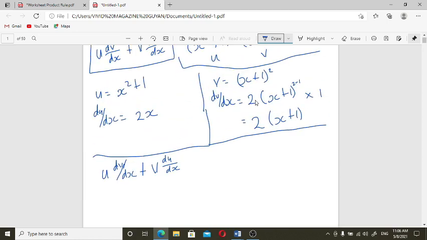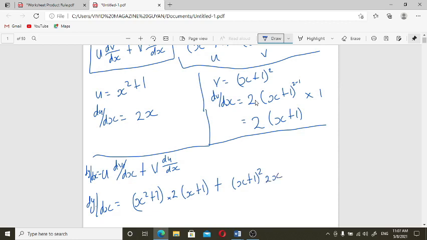So my dy dx, well, you should know this by now, everything is most likely going to be dy dx for derivatives. But anyways, moving on. u is x squared plus 1 and dv dx is 2 times x plus 1, plus v now, which is up here, is x plus 1 all squared times du dx, which is going to be 2x.